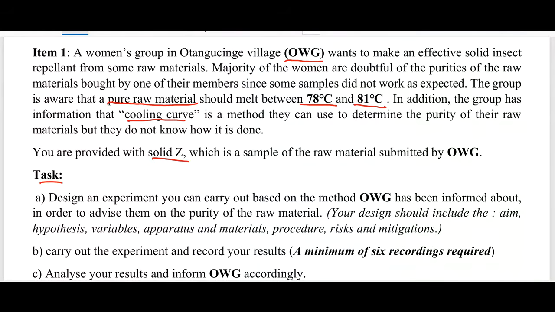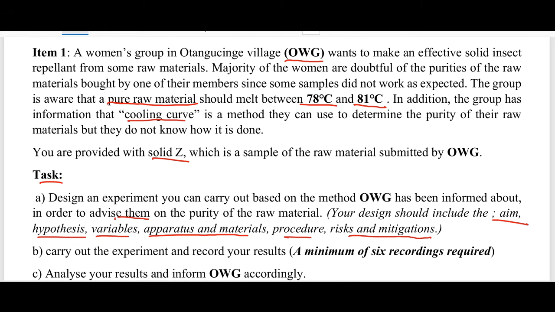Task: design an experiment you can carry out based on the method OWG has been informed about in order to advise them on the purity of the raw material. Then in brackets they have said that your design should include the aim, the hypothesis, the variables, apparatus and materials, procedure, risks, and mitigation.